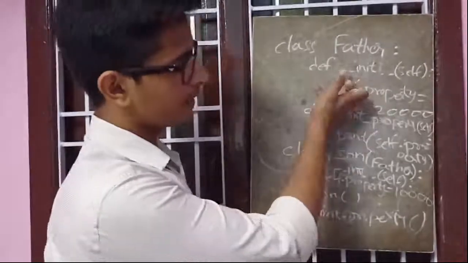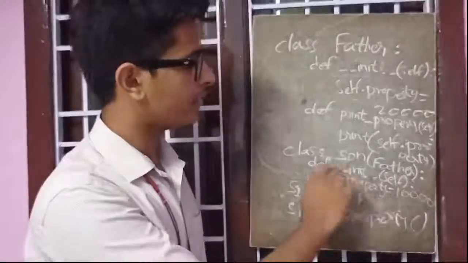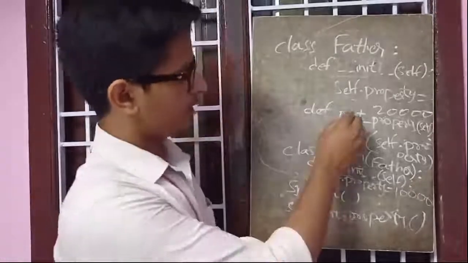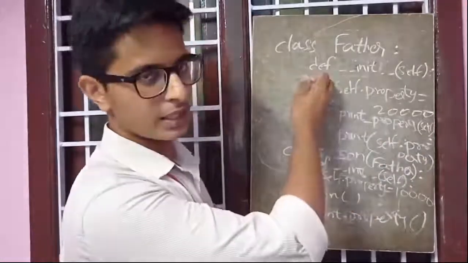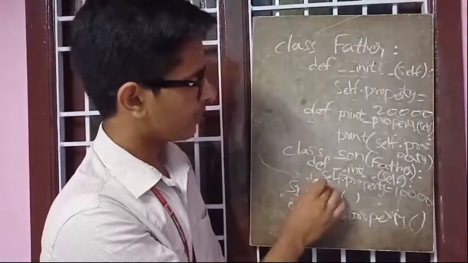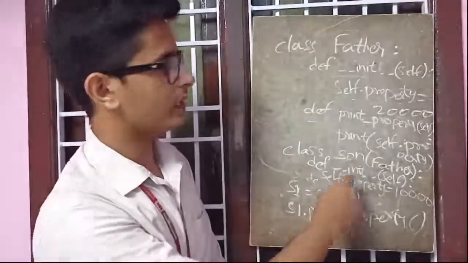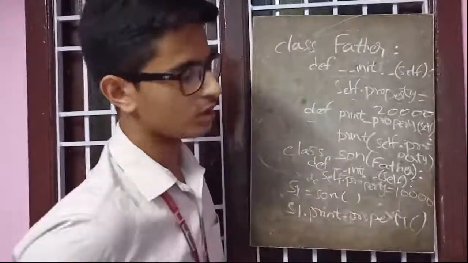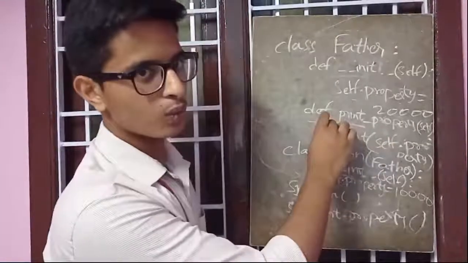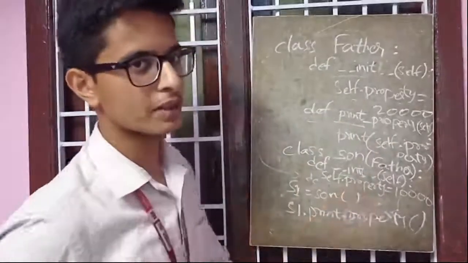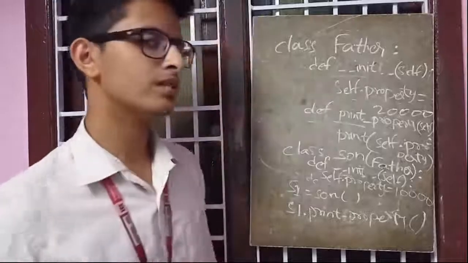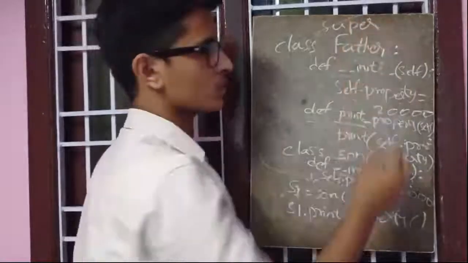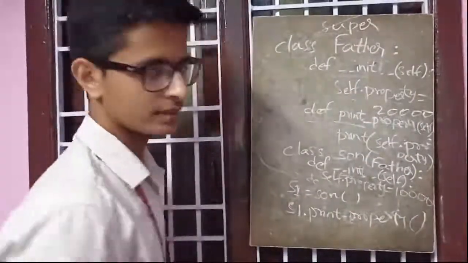That means this init method of the parent class has been overridden by the init method of the child class. This is called constructor overriding. And the second case, print property is a method in the parent class, and the same method is present in the child class with the same name. That means the method of the parent class is being overridden by the method in the child class. This is called method overriding. So to prevent this, we use a method called super method to prevent overriding. Let us see how it works.